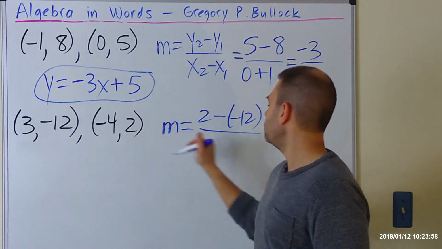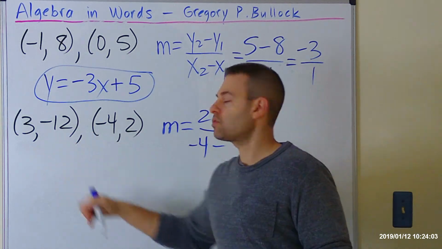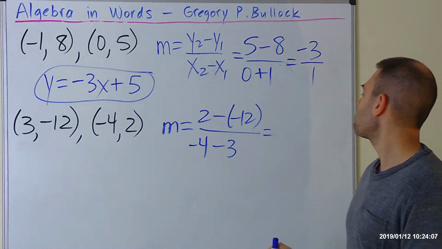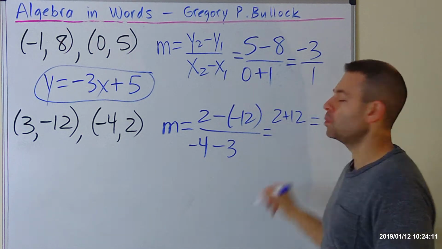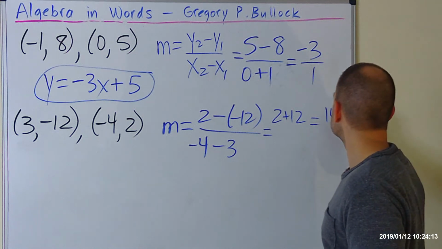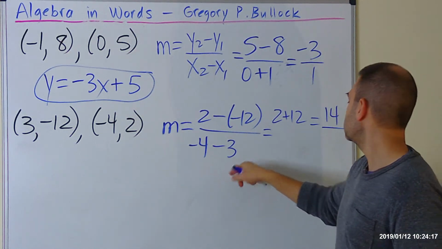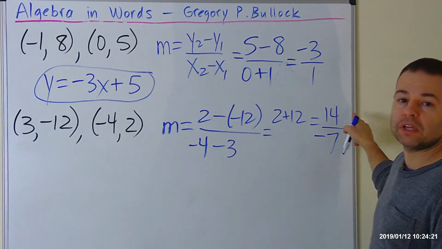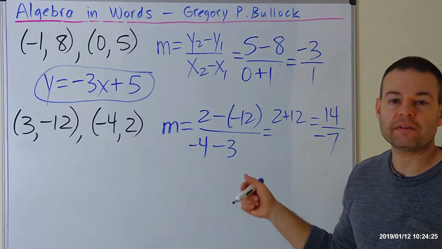And x2 would be -4 minus x1, which is 3. So let's simplify. We have 2 plus 12, which is 14. And we have -4 minus 3, which is -7. Okay? So we have 14 over -7. If we simplify that, it's -2.